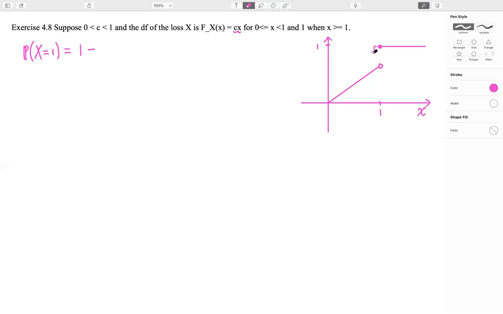This is where I jump at 1. And between 0 and 1 it's smooth, a straight line, so I can differentiate. So this should be for x greater than 0 and less than 1, although with the equality it doesn't matter for continuous parts.